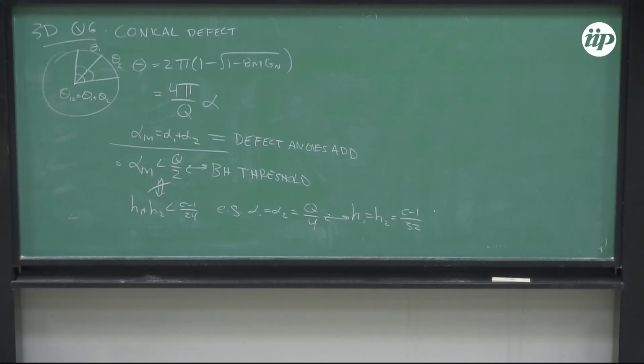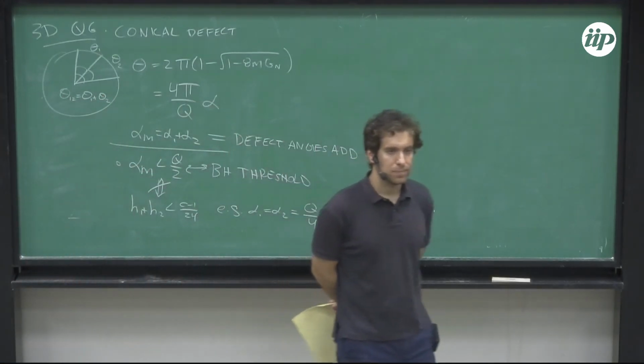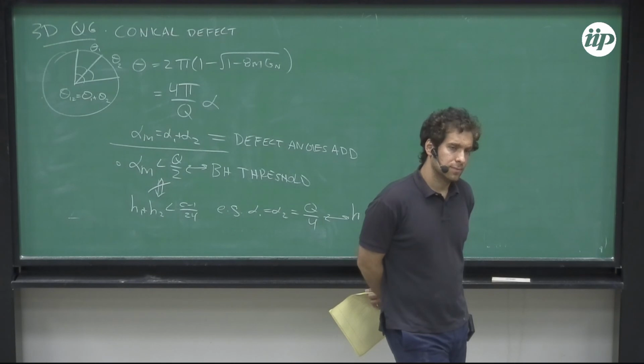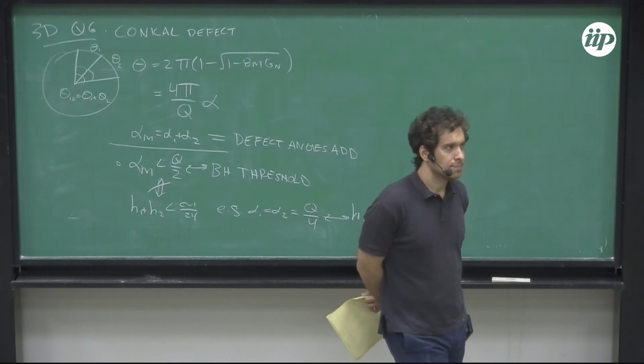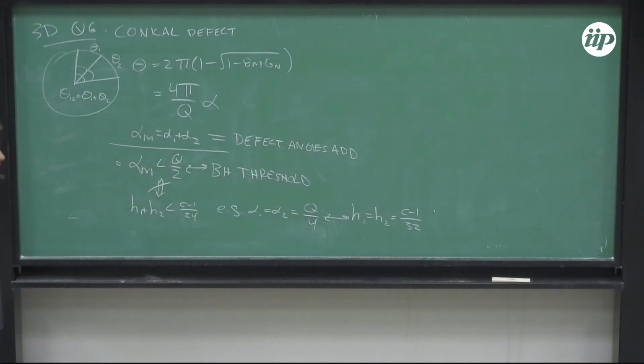Sure. Sorry, can you say that again? That feels like the answer would be no, because there just aren't poles of the crossing kernel at that location.